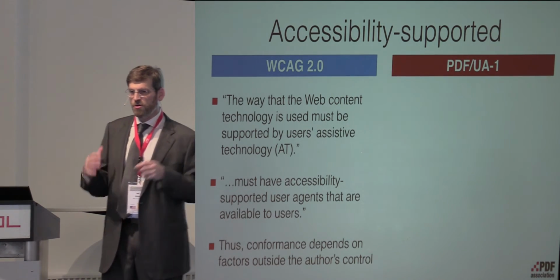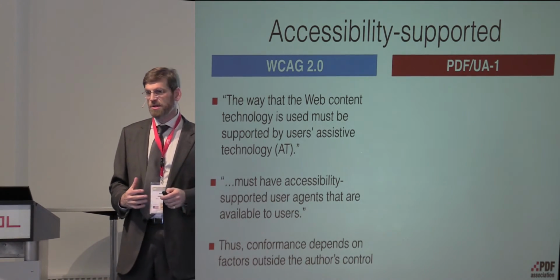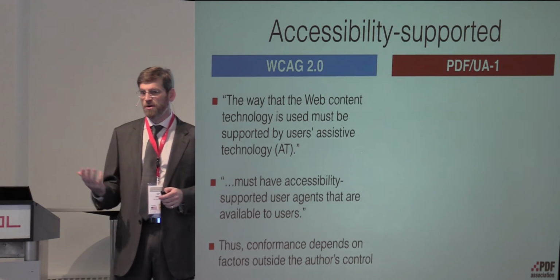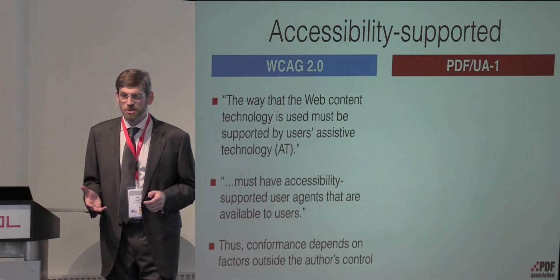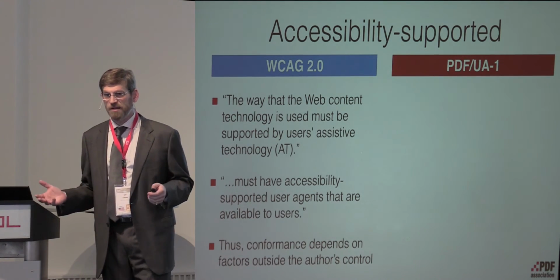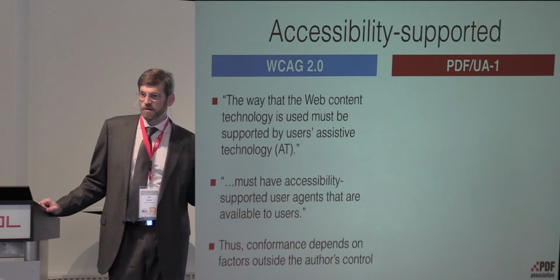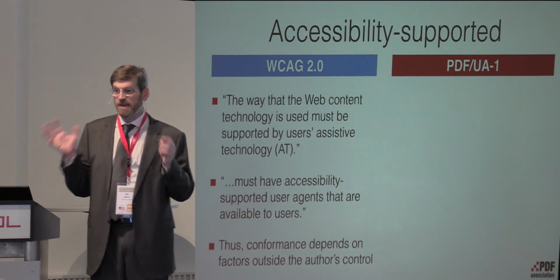The document author can do a great job here, but depending upon how they test the documents, and the assumptions that they make about the kinds of software that the users out there are using, different people may have a different perception about whether or not a given document is in fact conforming with WCAG 2.0, not based upon the nature of the document and its structure, but whether or not the particular software they're using to evaluate it.